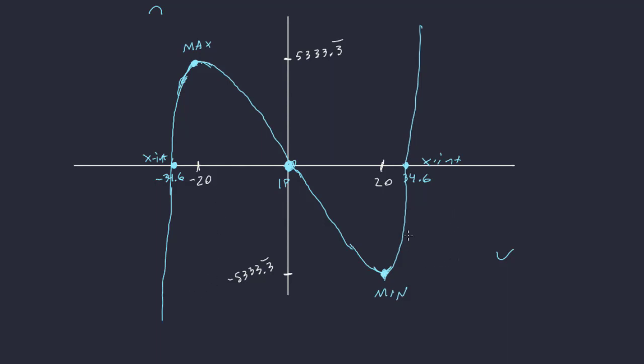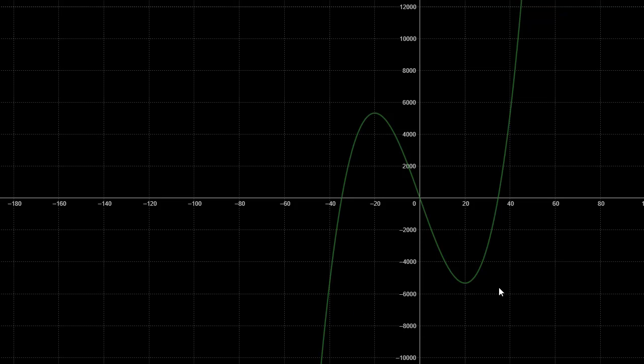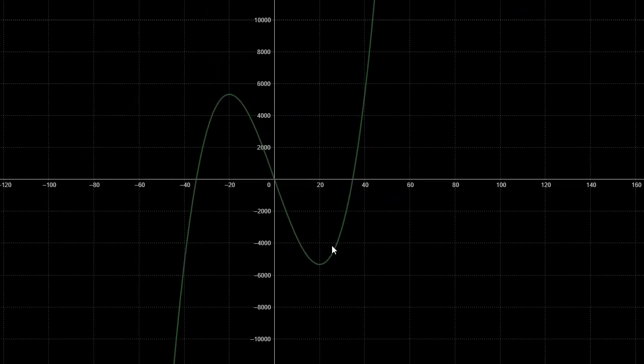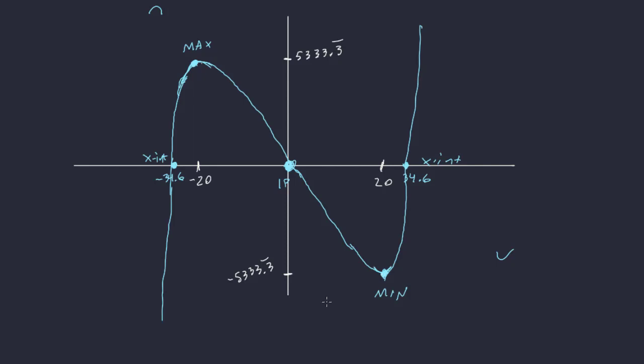So this is what I mean when I'm asking for a sketch. I'm not asking for anything to be perfect, just to give you the overall idea. And if we compare it to what we have here, that basically lines up, okay? I probably put the 34s a little closer to the 20s than I should have, but that's all right. It's not that big of a deal, okay?